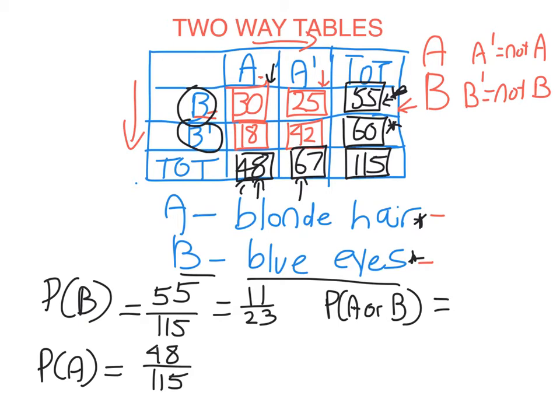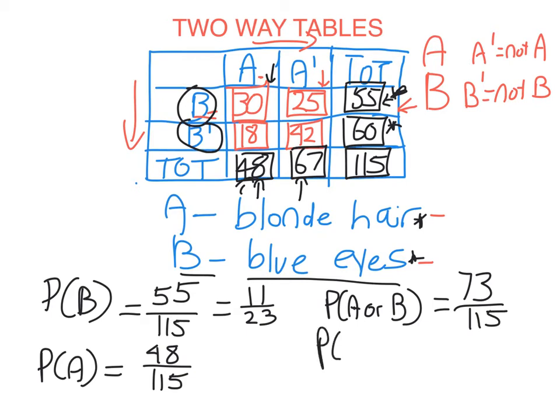So the number of students that applies to, it's actually this cell, because these students have blonde hair, this cell, because they have blonde hair and blue eyes, and this cell here. So I add all of those up, 18 plus 30 plus 25, and I get 73. So there were 73 students who had either blonde hair or blue eyes or both out of 115.